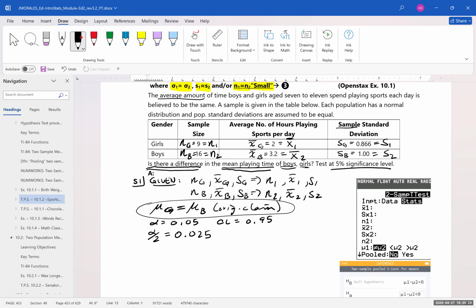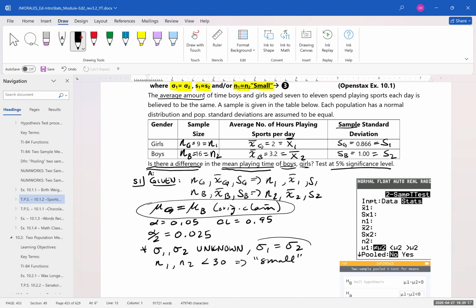Now, the other thing is that the population standard deviations are unknown, but they are assumed to be equal. Our sample sizes are less than 30, so that implies that they are small.